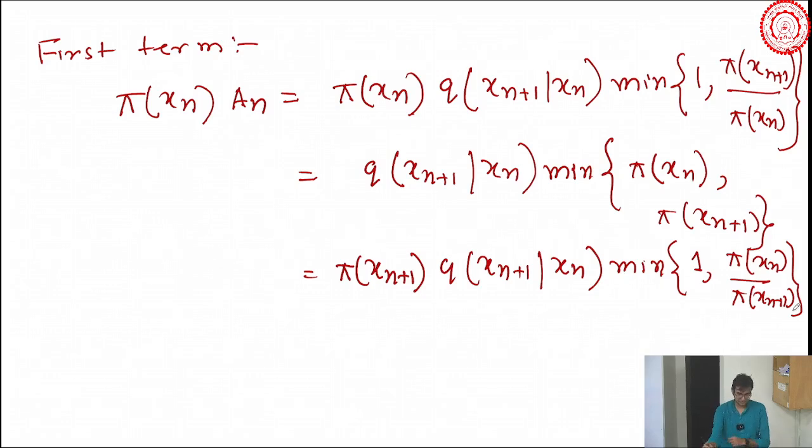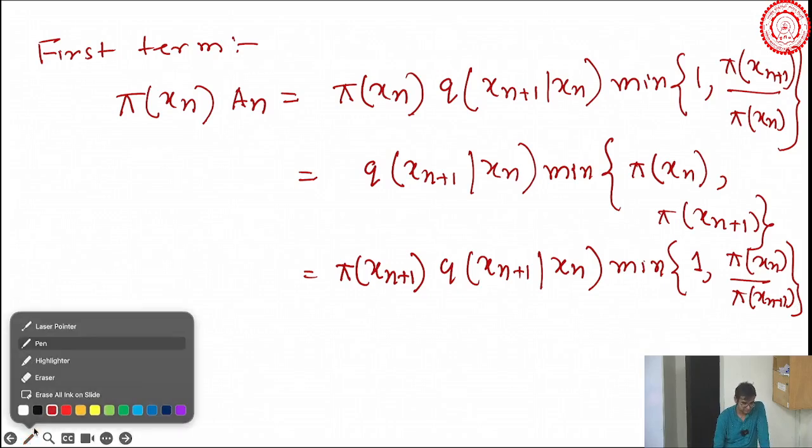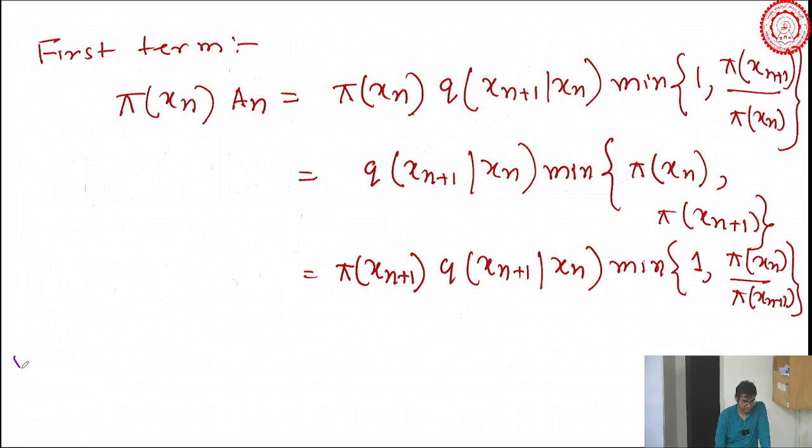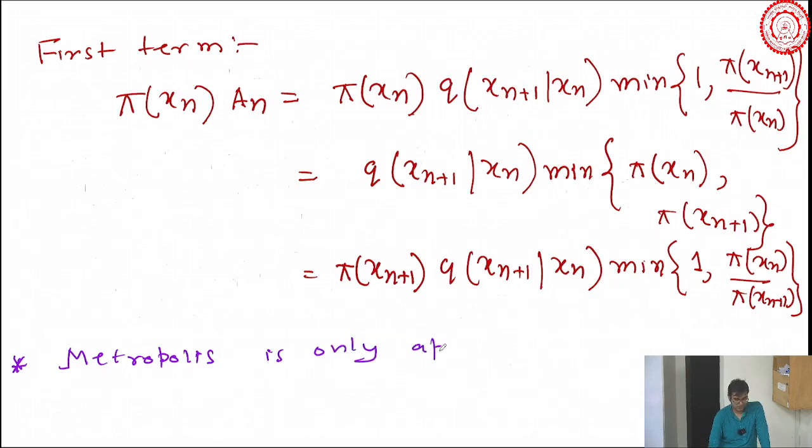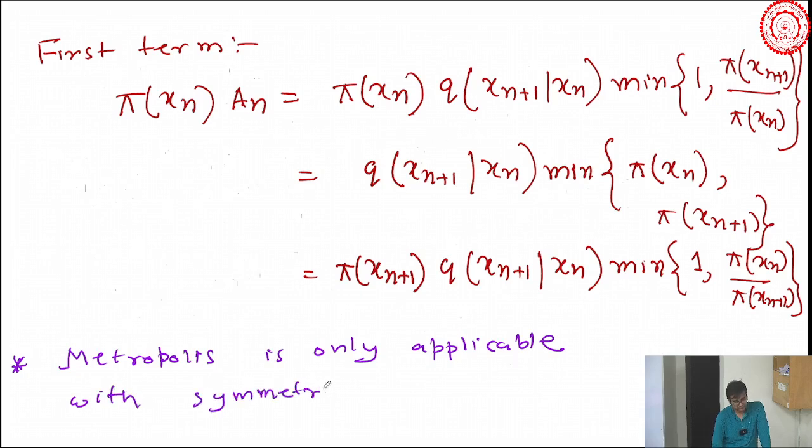Okay, so let me write it down. Metropolis is only applicable with symmetric proposal, which means Q of y given xn is equal to Q of xn given y.